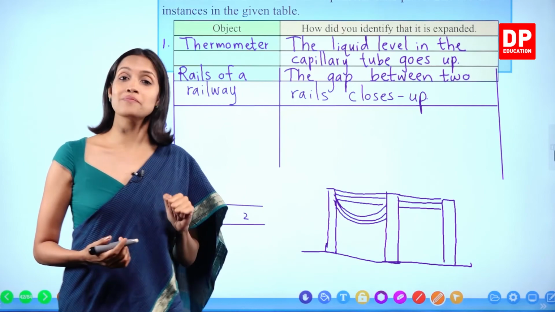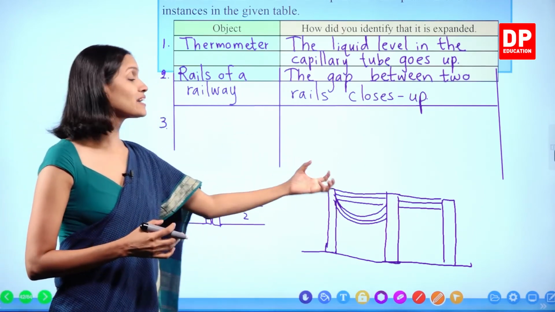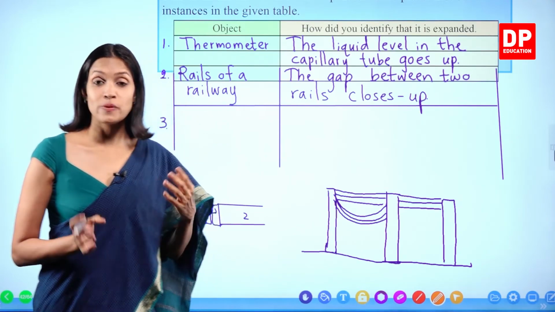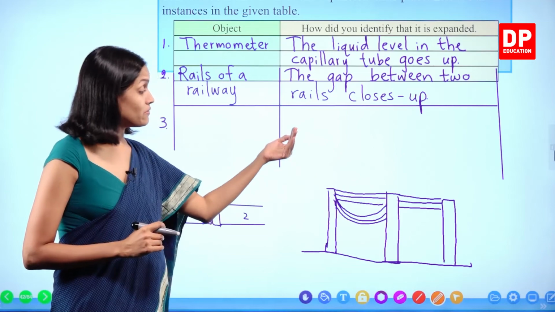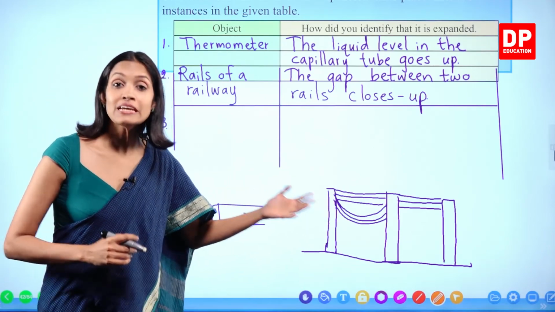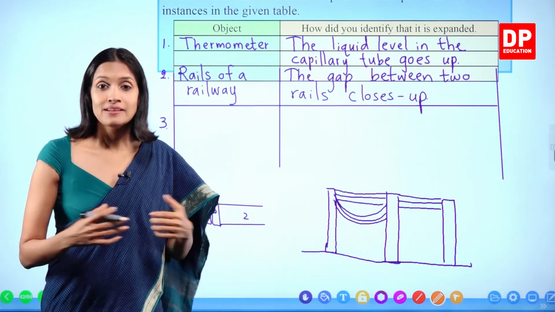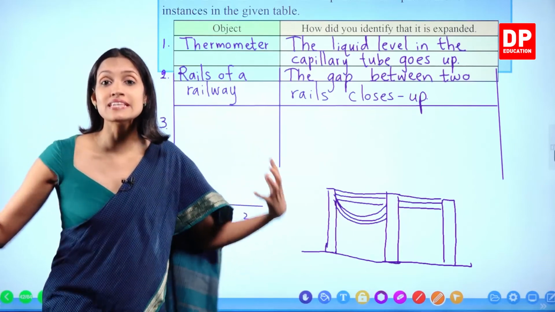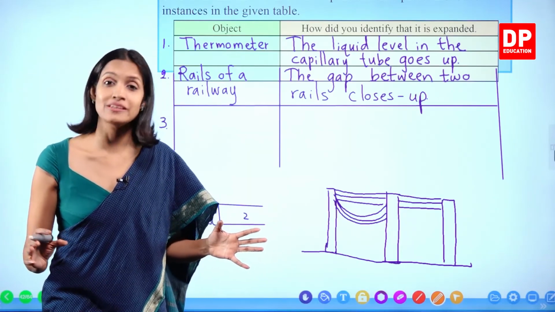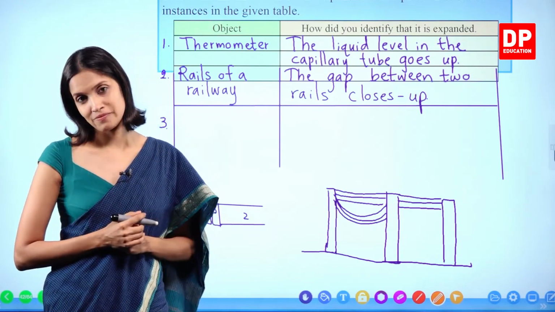The environmental temperature is lower than during the daytime. Therefore, they contract. We explained this as well. Right, children? So when we provide heat to an object, its size increases and this is known as expansion. Right? When the heated object releases its heat, what will happen? Its size reduces and this is known as contraction.